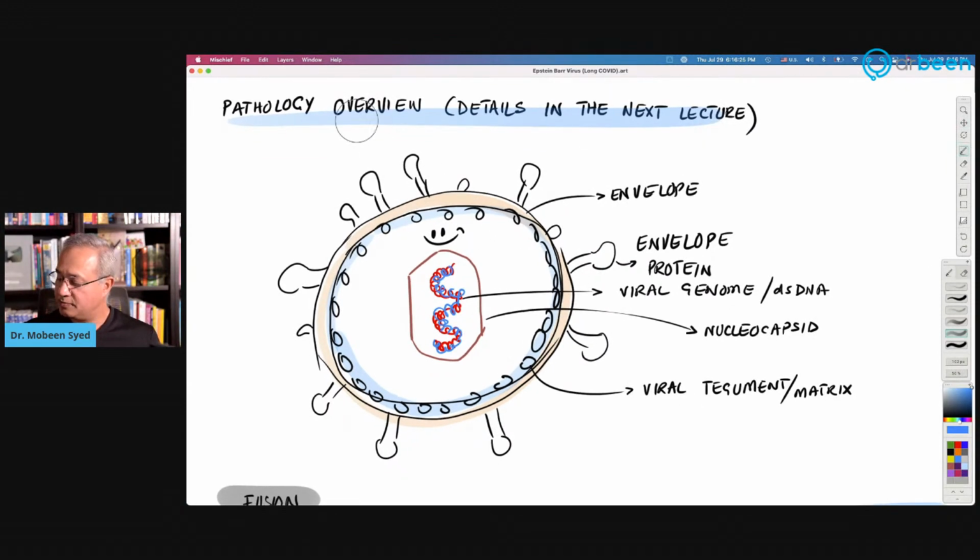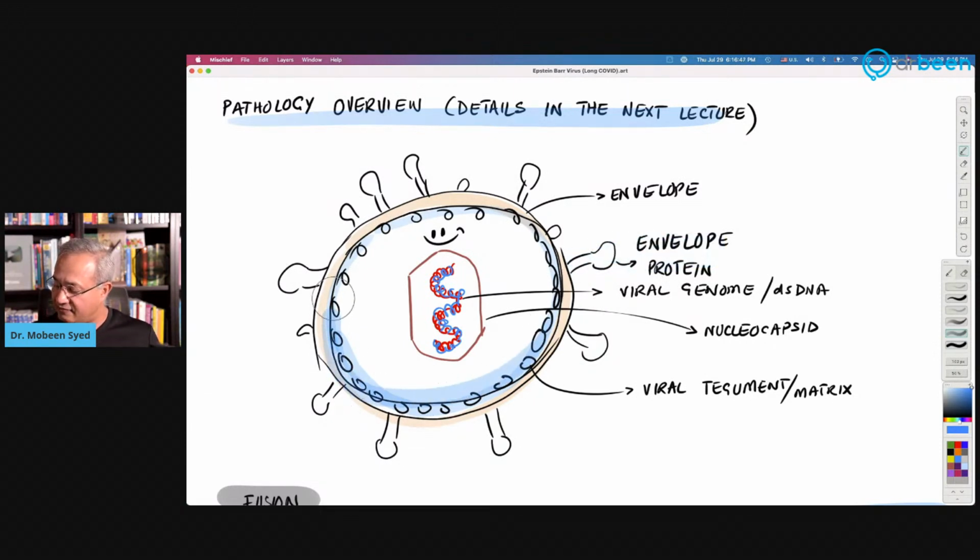So here, pathology overview. This is the Epstein Barr virus. So this is my drawing of the Epstein Barr virus. It has a viral envelope. It has these spiky things that we know from SARS-CoV-2 as spike, SARS-CoV-2 S proteins. These are envelope proteins.